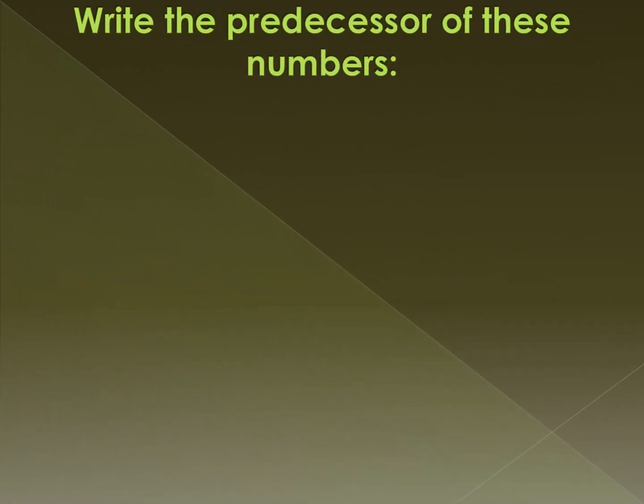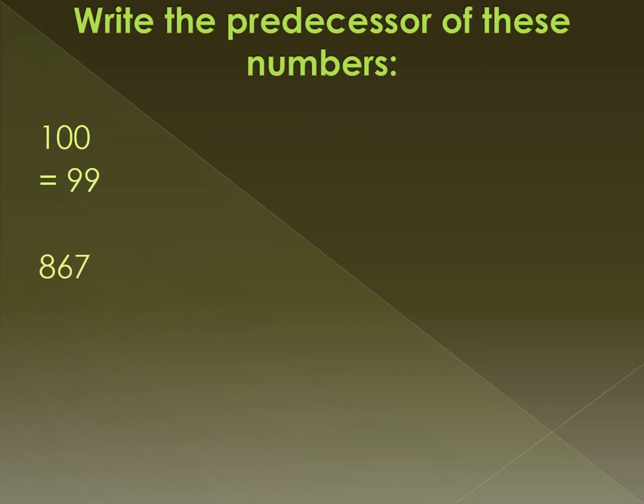Now let's try to write the predecessors of a few numbers. Again, the predecessor is nothing but the number that comes before a particular number. You can also get this by subtracting 1 from that number. So let's take a few examples. The predecessor of 100 is 99.